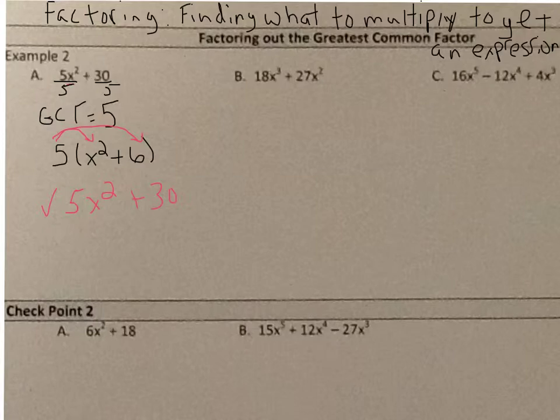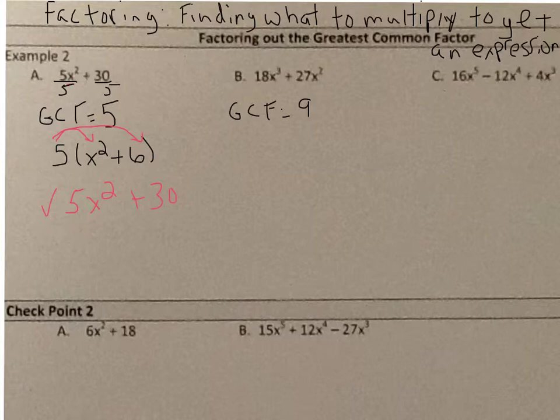The greatest common factor is between 18x cubed plus 27x squared. We now have an x in there, and the coefficients 18 and 27. The biggest number that goes into both of those is 9. 9 goes into 18, 9 goes into 27.